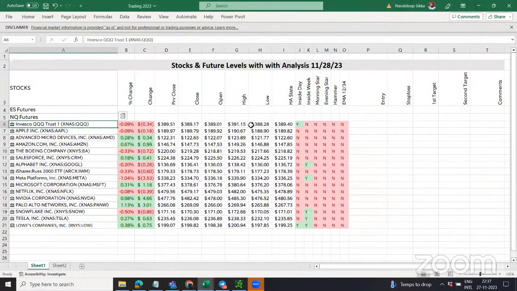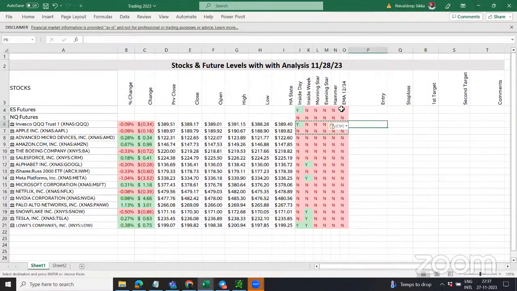So here, I need to copy all this. EMA is crossing 12 and 34. Stop loss for me is 45, 47.